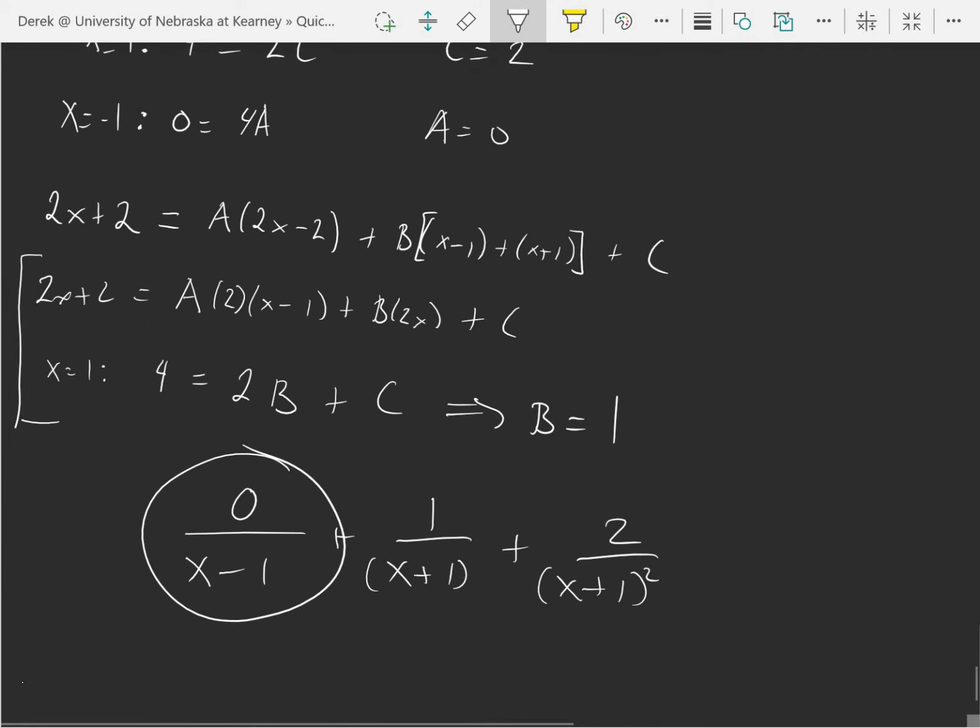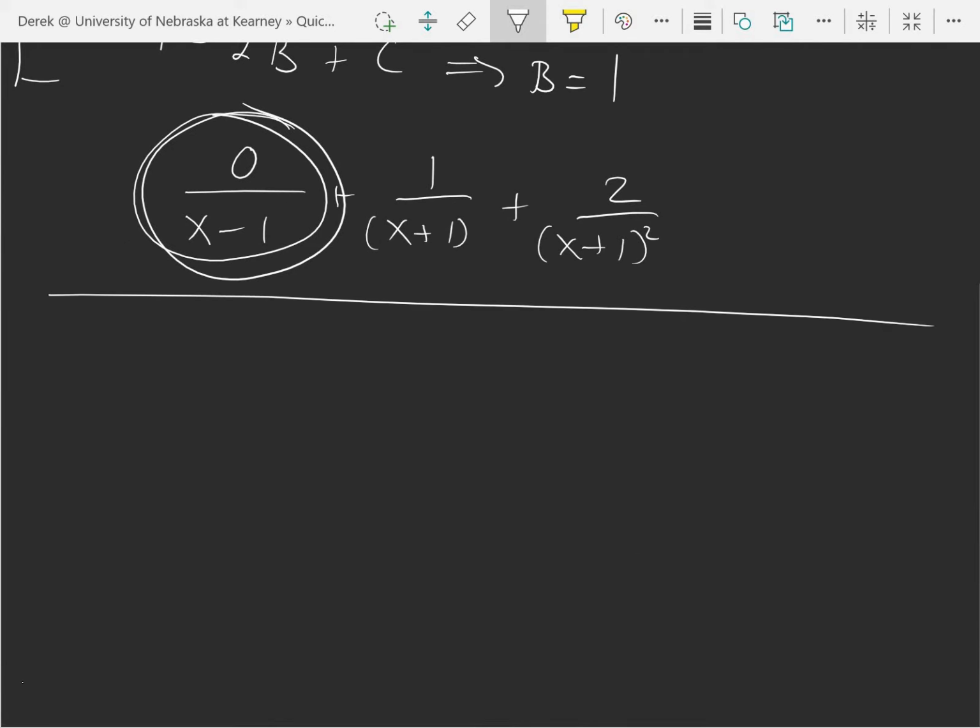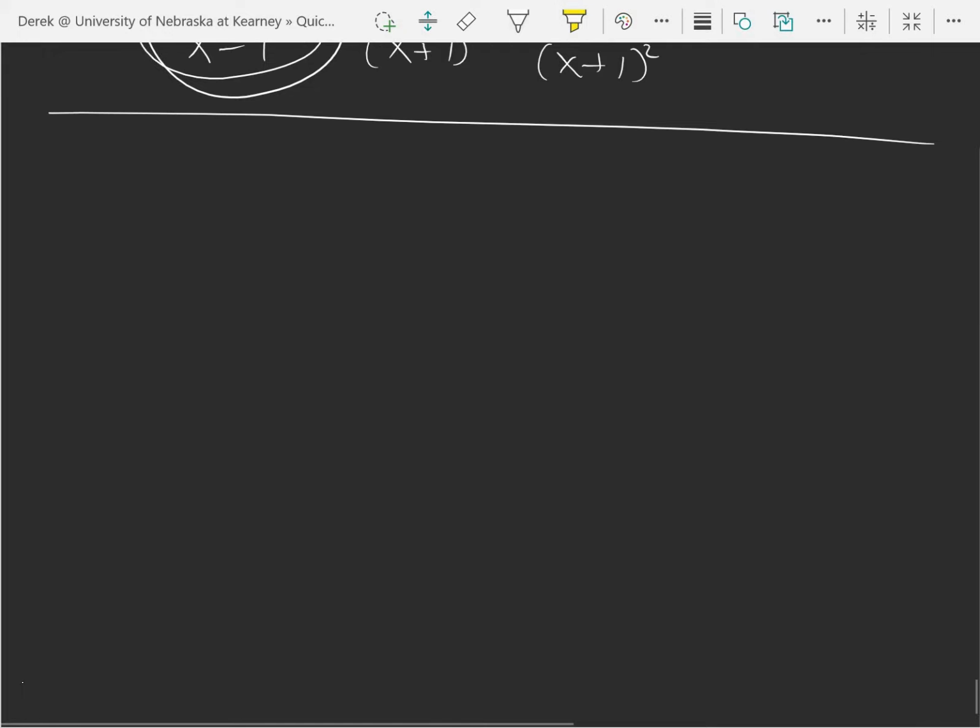So it does work out fine if you don't reduce, but it makes your work quite a bit harder, because you're adding extra variables that you already know should be 0 if you had done the simplification, or the reduction, first.